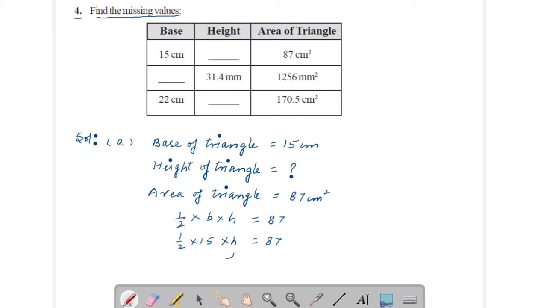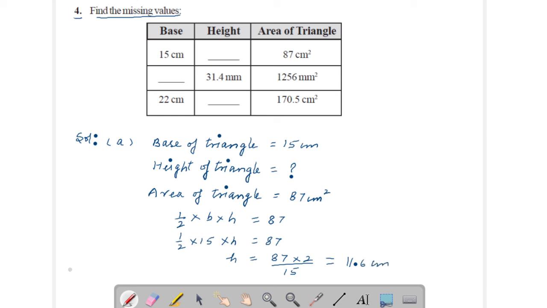The h is equal to 87 into 2 upon 15. And if you solve it, you will get 11.6 centimeter.